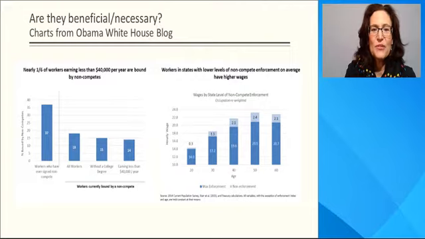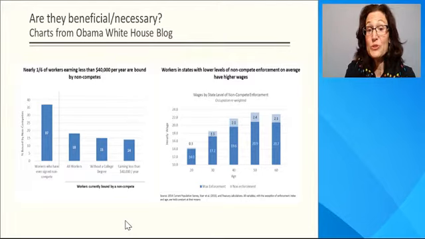I can understand non-competes for top executive positions with high access to trade secrets, but for those with little to no college education, earning less than $40,000, that's really a stretch. And it reduces wages. Workers in most of the states that enforce non-competes have lower levels of average wages.